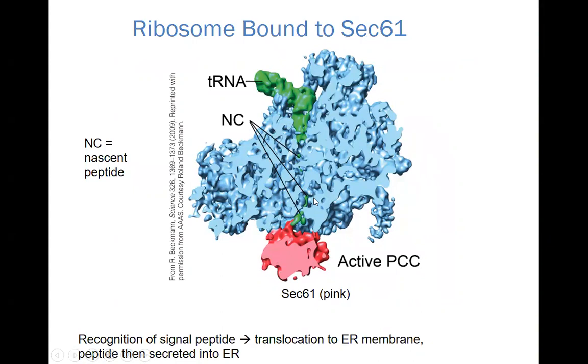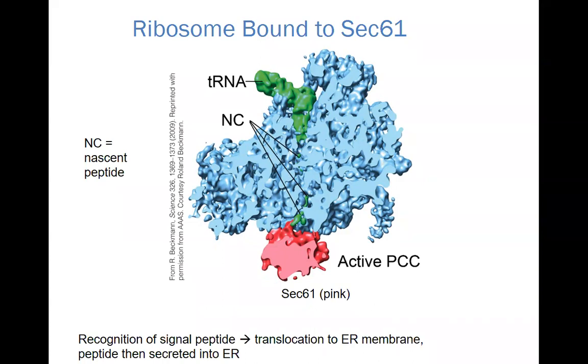And when the N-terminus of your newly made protein comes out of the ribosome, it immediately gets recognized by the Sec61 signal recognition particle. And it will then stop translation. It will tell the ribosome, once it finds this peptide that comes out, it will stop translation and then bring the entire ribosome to the endoplasmic reticulum, where the protein is then, while it's being made, put into the ER.